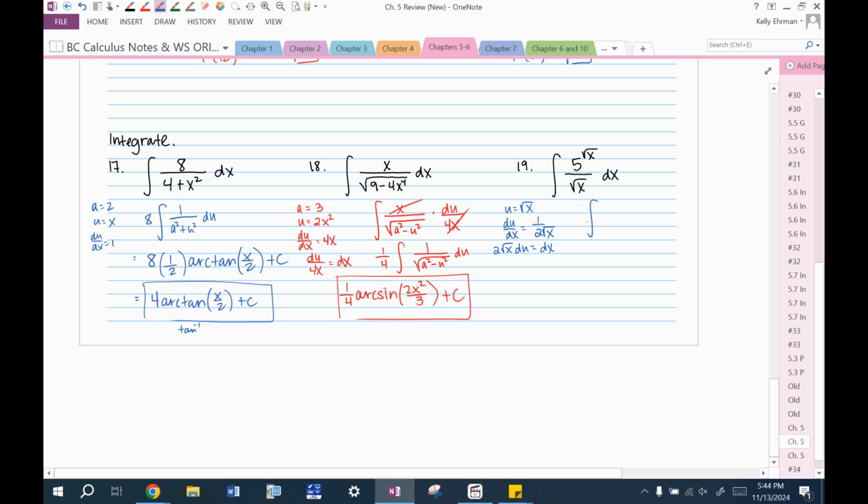So if you're setting this up, you've got 5 to the u over this radical x, which you hope will cancel. Dx is now 2 radical x du. So yeah, that radical x cancels with that one. There's a 2 out in front. And then when I integrate a base other than e, it's 5 to the u, so 5 to the radical x, over ln 5 plus c.